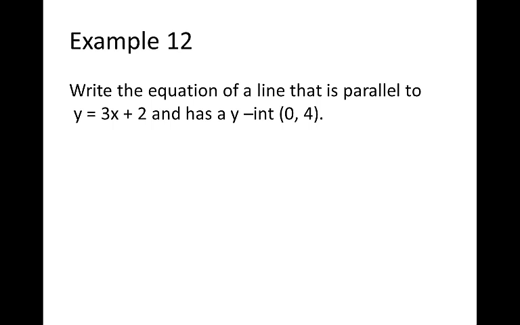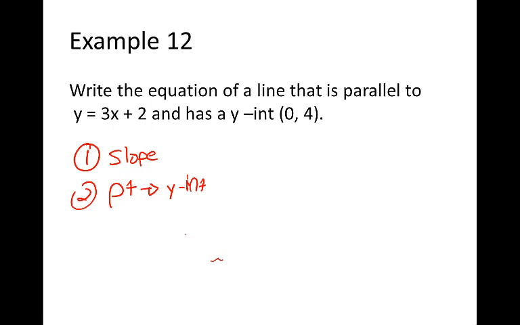Okay, now how can we apply that to the types of problems we'll be looking at? Write the equation of a line that is parallel to y equals 3x plus 2 and has a y-intercept of 0, 4. I need two things to write the equation of a line, right? What are they? A slope and a point. In fact, in this lesson, we need to have the y-intercept. In a later lesson, all we actually need is a point, but in this lesson, we really need the y-intercept.